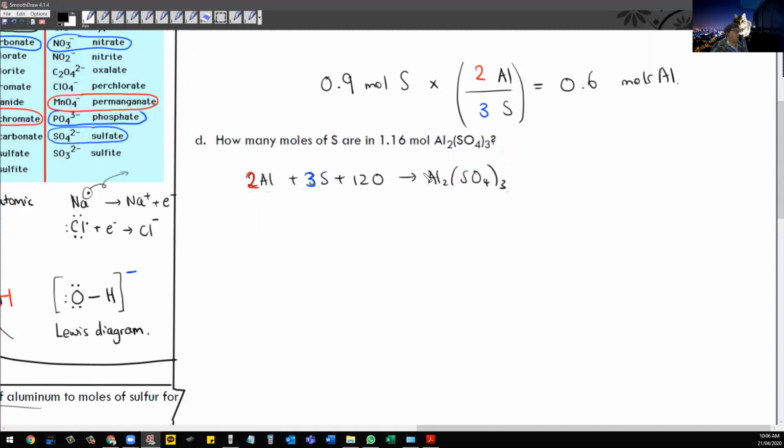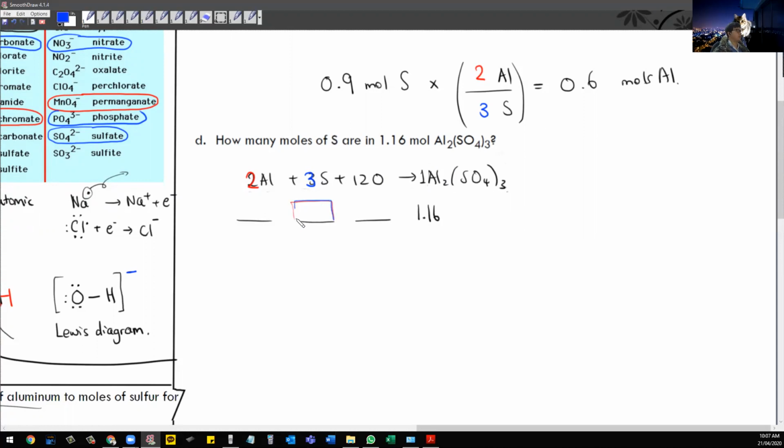You see, if I have one mole of that, I get 2 of that, 3 of that, 12 of that, right? Now the question is, if I have 1.16 of those, then how many this, how many this, how many this? Well, they're specifically asking for this one over here.